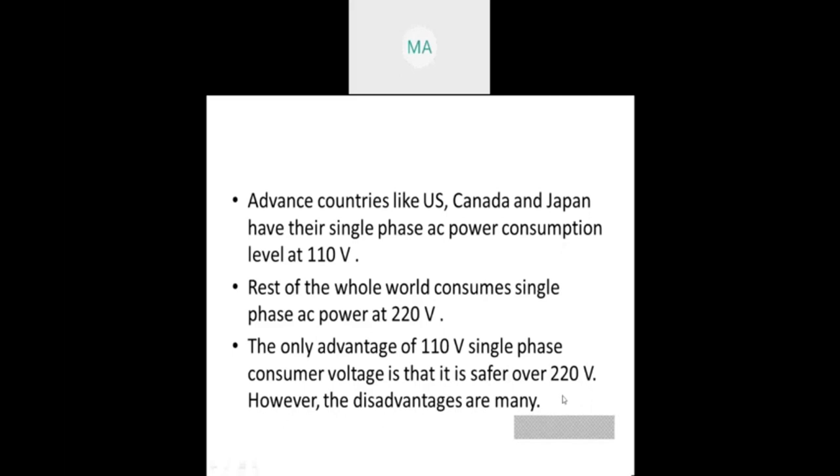In India we use a 220 volt AC supply, or 220 to 230 volts, and sometimes it fluctuates from 220 to 230.